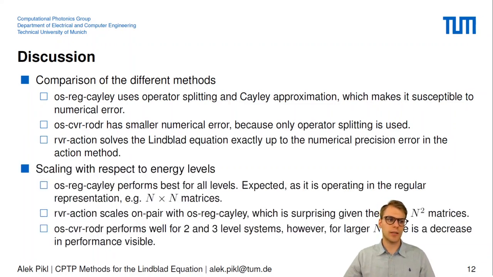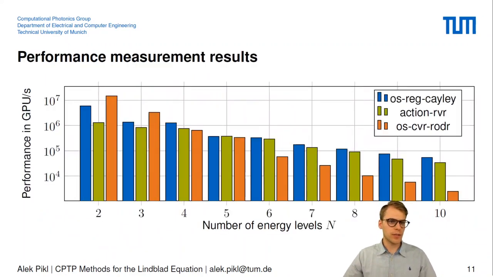And now the scaling with respect to energy levels. I think it's best if we move back to the results. In blue, you can see that the reg-cayley has the best times for levels 4 and up. This was kind of expected because the matrices that we're calculating matrix exponentials from are n times n matrices.